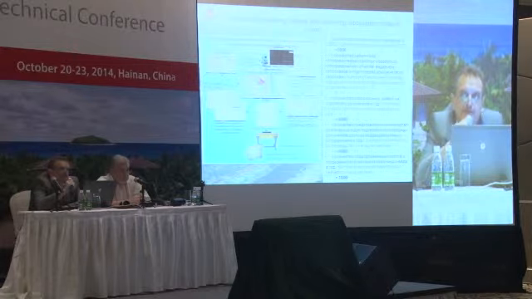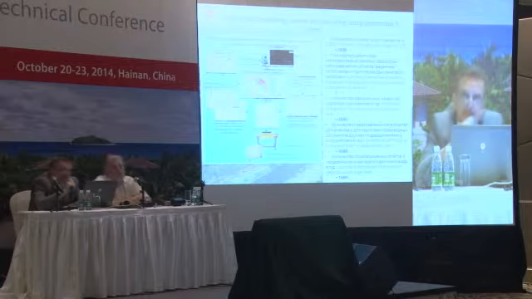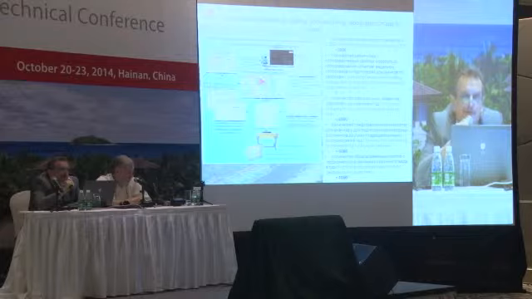Now, to have an idea about the quantity of work, we have about 200 layers and 2 million representations of city objects, I mean addresses, land plots, and so on.